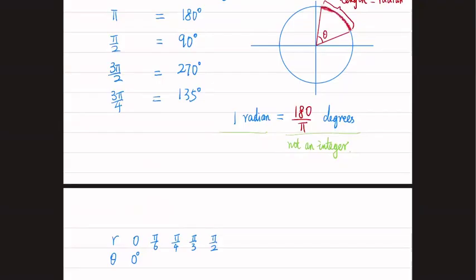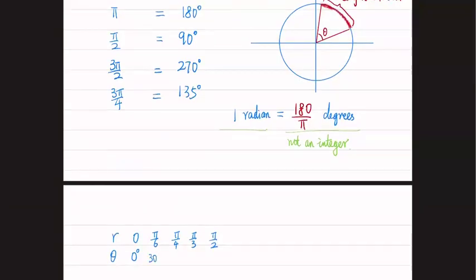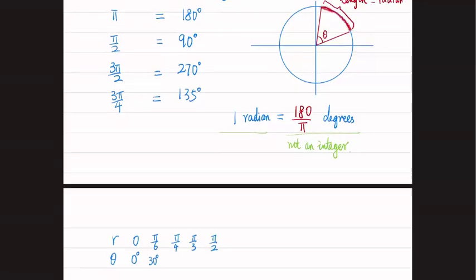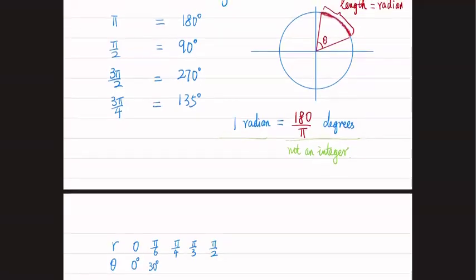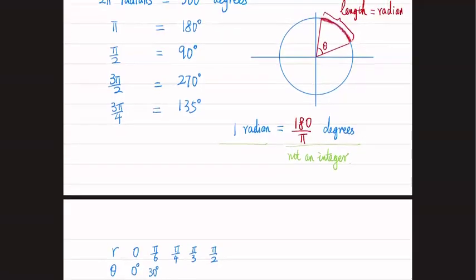How do you get a 30? Okay, so one way is we can check pi is 180. We divide by 6, we get 30.